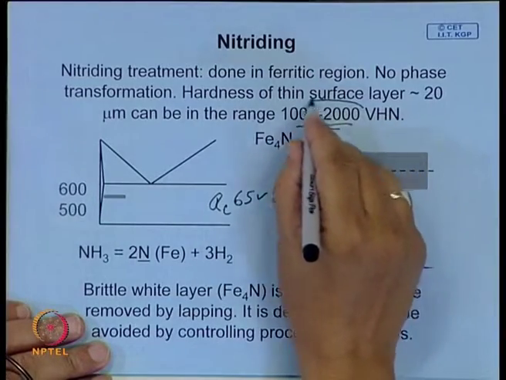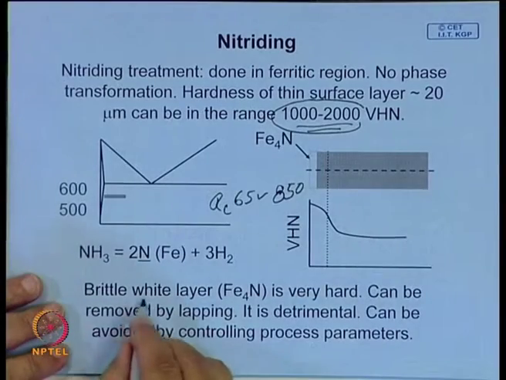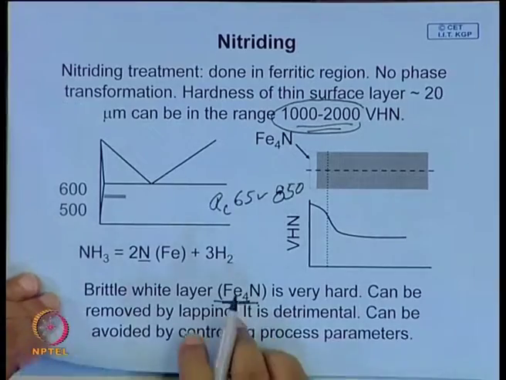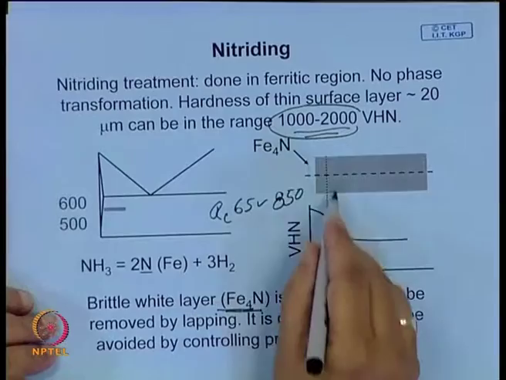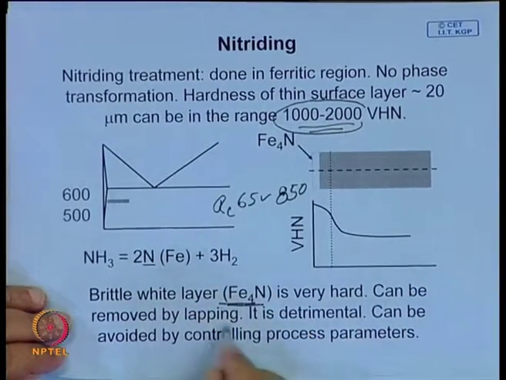So, imagine by this you can increase the surface hardness to a very high level, but often you can form a brittle nitride layer, which is harmful, but you can control this by controlling the process. Even if it has formed, later on by lapping, by polishing, it can be removed.